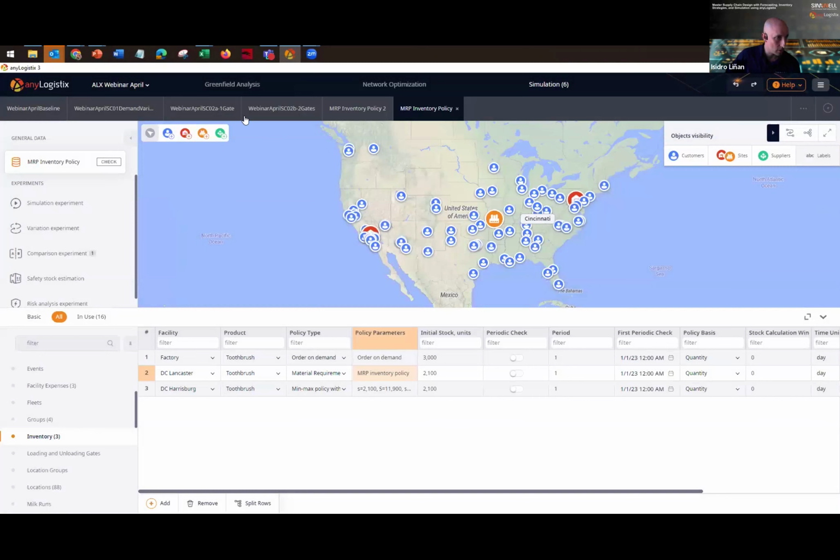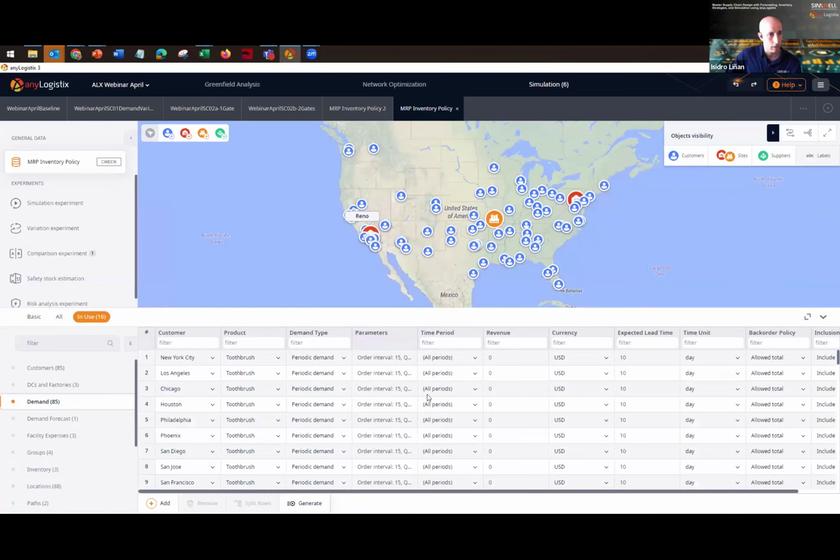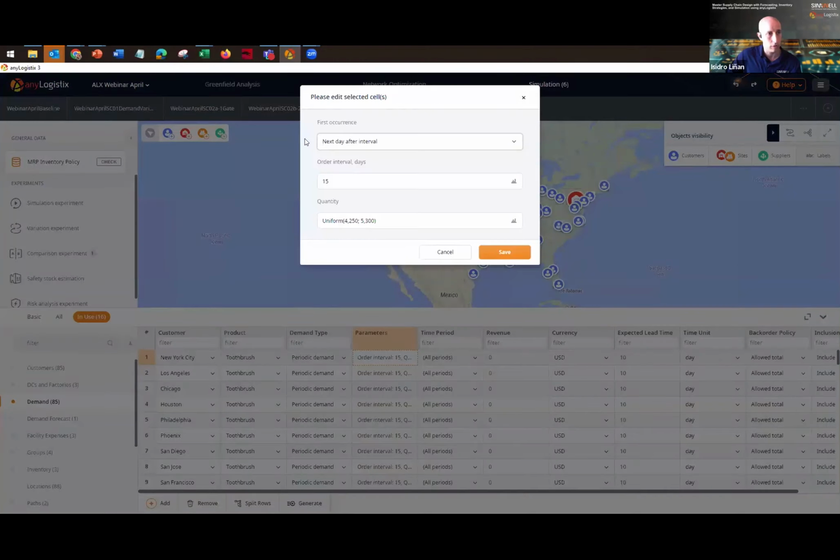You're going to see here that in both examples, if we go to the demand, there you go, we have a more detailed demand. Each customer has a different demand estimation. In this case, to showcase another distribution available in anyLogistix, we've used uniforms.